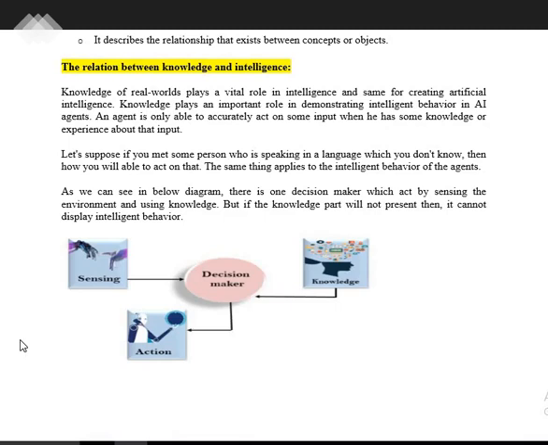If any ambiguity or error is found in the knowledge representation, definitely the intelligent machine or the artificial intelligence is not going to give a good decision making system, or the decision taken may give you a wrong output.